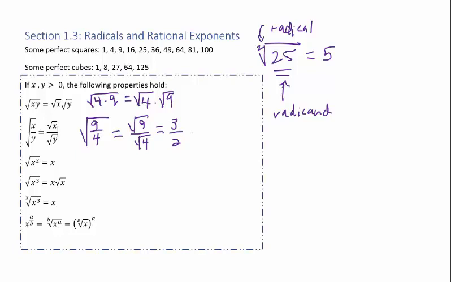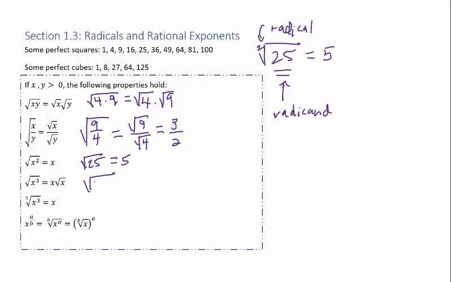If you have just the square root of a perfect square, as long as x is positive, the result is just x. So the square root of x squared is just x, and that's the same thing that applied to the square root of 25, which is 5. The square root of x cubed is x times the square root of x.